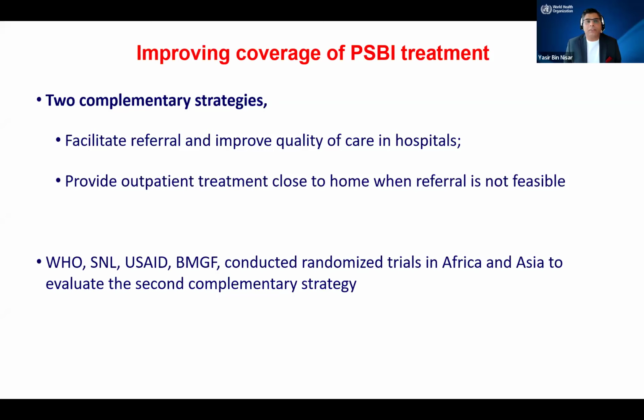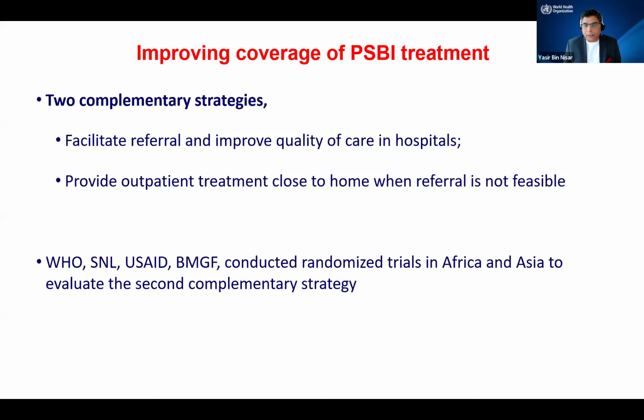The second strategy was, even if referral is not possible for any reason, due to household reasons or community reasons or even some hospital reasons, there is another possibility of giving the treatment closer to home, that is outpatient treatment for these infants.